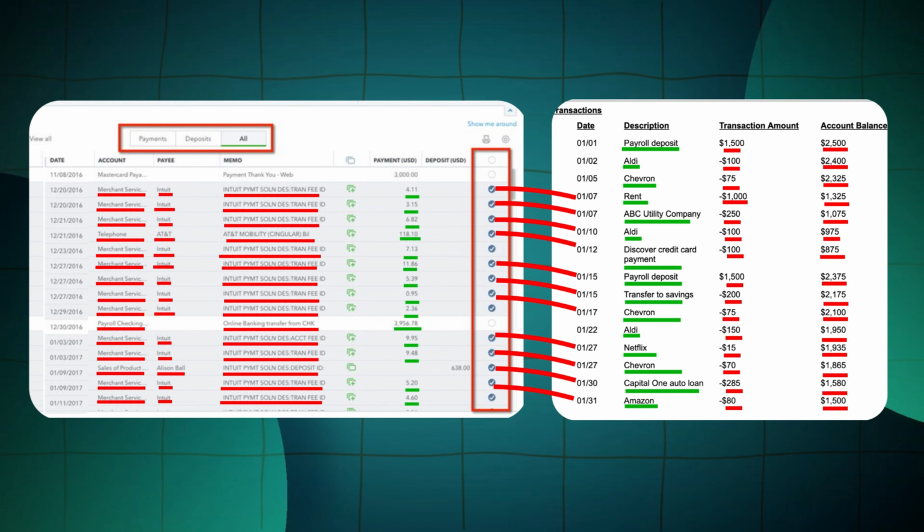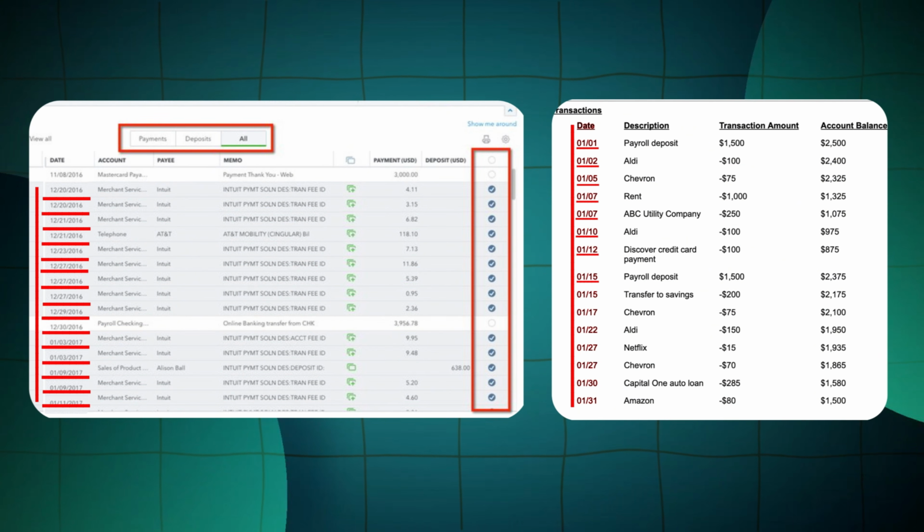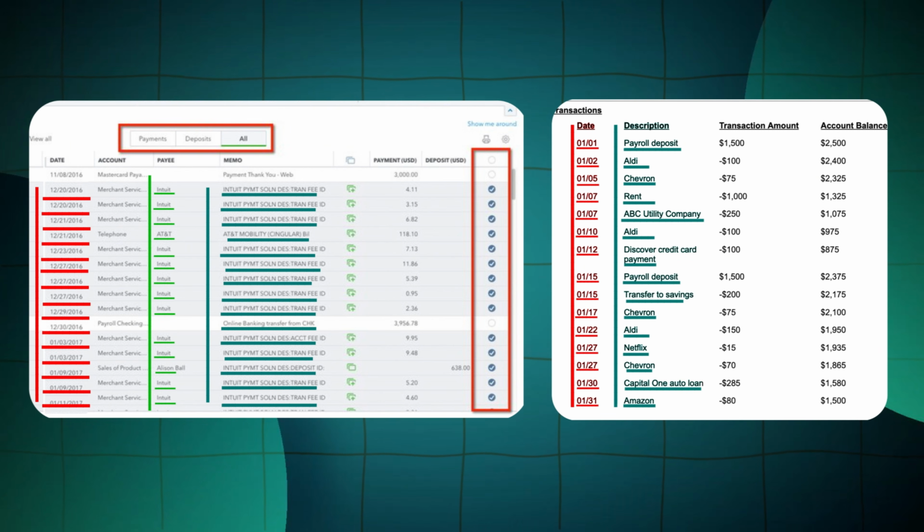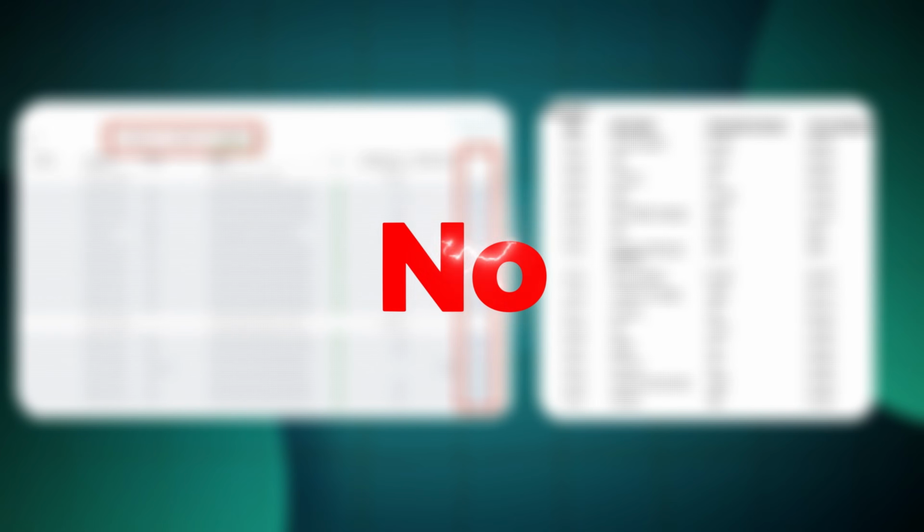Are you actually comparing the date of every transaction, the vendor or payee name of every transaction? Are you comparing the description and reason for every transaction? And the answer is no.